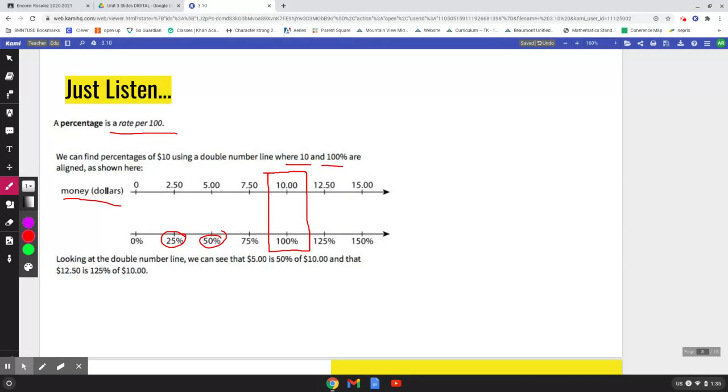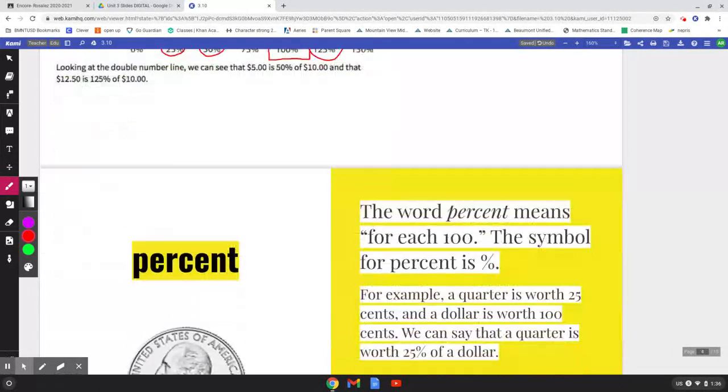And it says that $10 is 100%. Well, if we look at the double number line, we can see that $5 is half of that, or 50%. And $12.50 here, they have $12.50 is 125%. So these number lines can kind of help us find percentages.